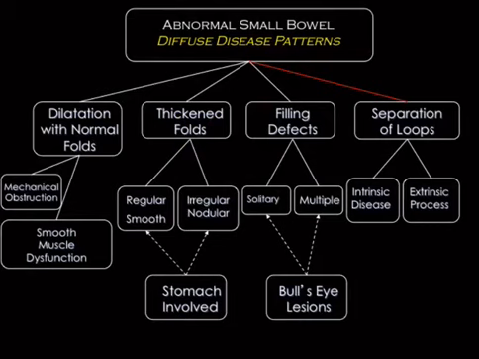In other words, the loops of bowel themselves are swollen, and because the contrast is only within the lumen, you're not seeing how thick those loops of bowel are, but you can infer that by their apparent separation. That's what I mean by intrinsic. Or extrinsic, and that would be something like a big mass that's separating things.